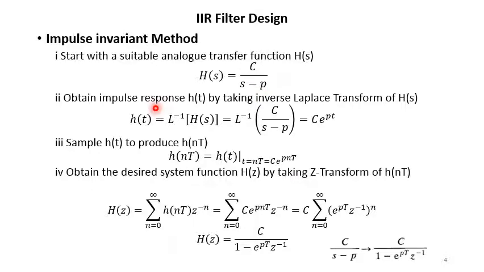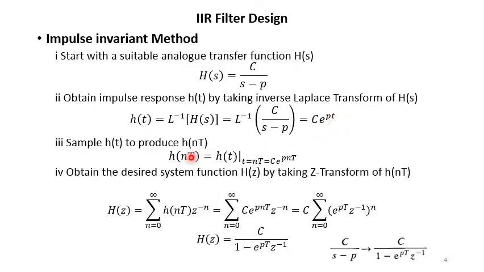Then the second step is to obtain the impulse response h(t), and because this is in the Laplace domain, if we apply the inverse Laplace transform on this equation, we obtain the time domain of this system function, which is represented by h(t), and that we call the impulse response. So simply, the impulse response will be the inverse Laplace transform of this equation, and we get C e^(pt).